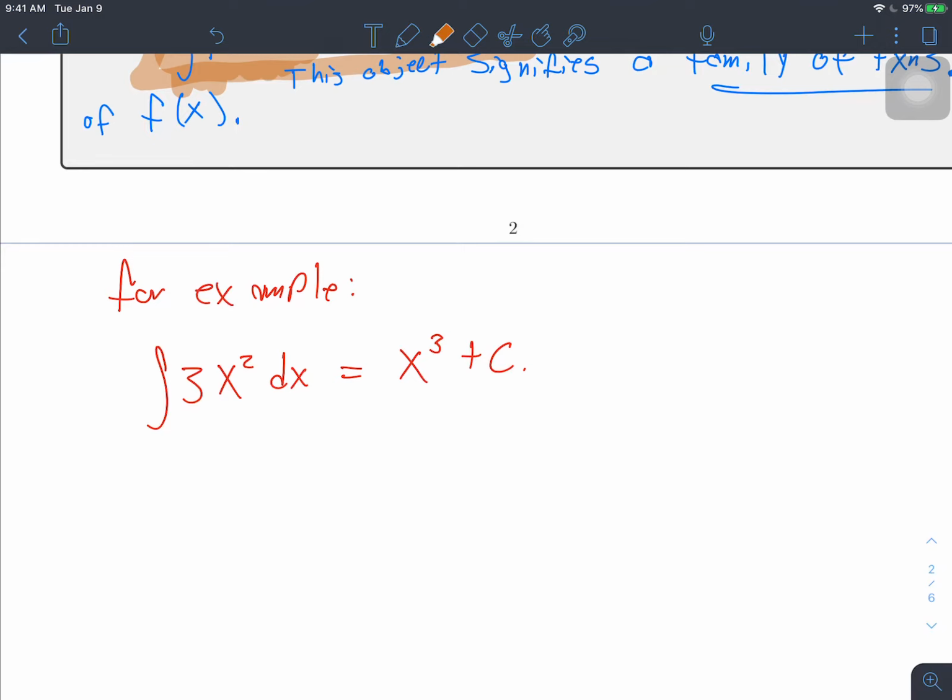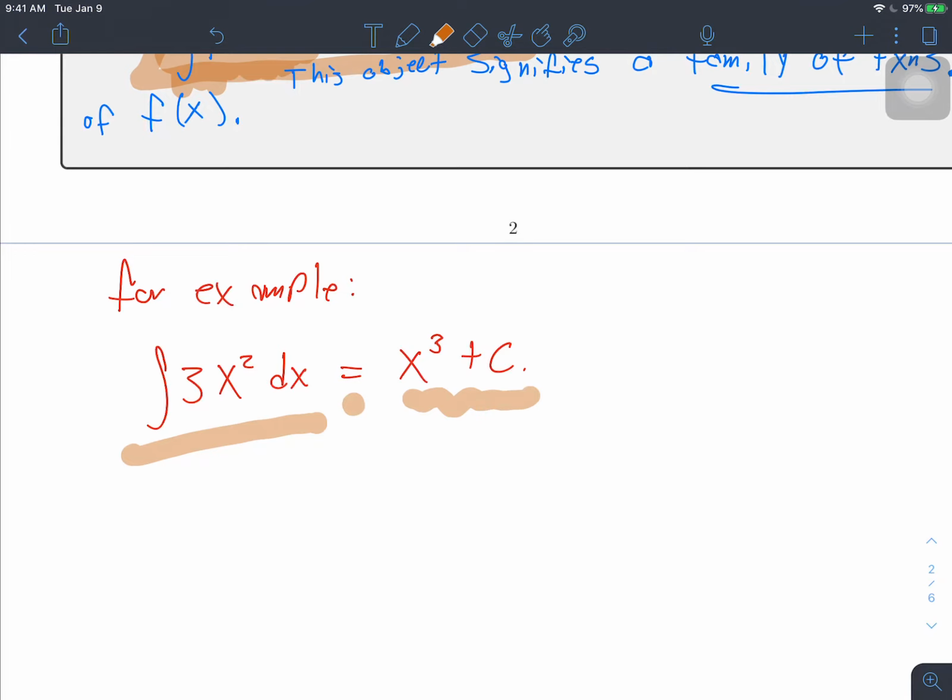The left-hand side says the family of functions whose derivative is 3x squared, and then we have an equal sign, looks like x cubed plus c, where c is any number. Okay, that's how this notation is working.